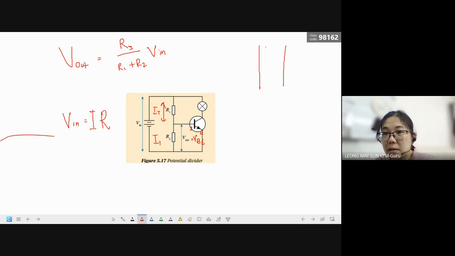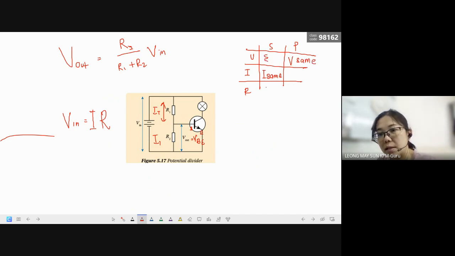When we talk about series and parallel circuits, we use the formula V equals IR. In a series circuit, there's an I in the spelling of series, so the current is the same in the circuit. In parallel, the potential difference is the same.